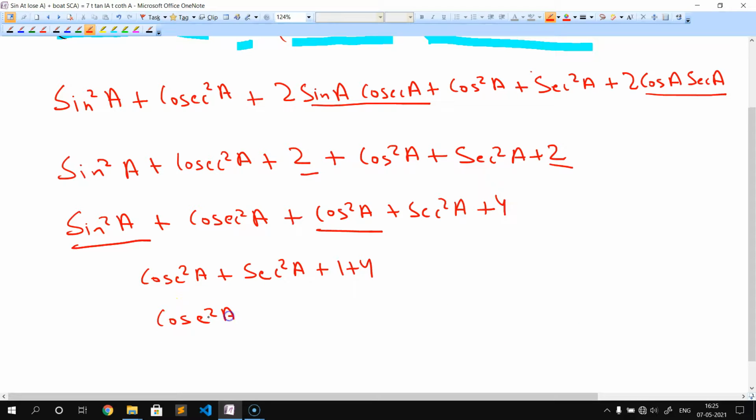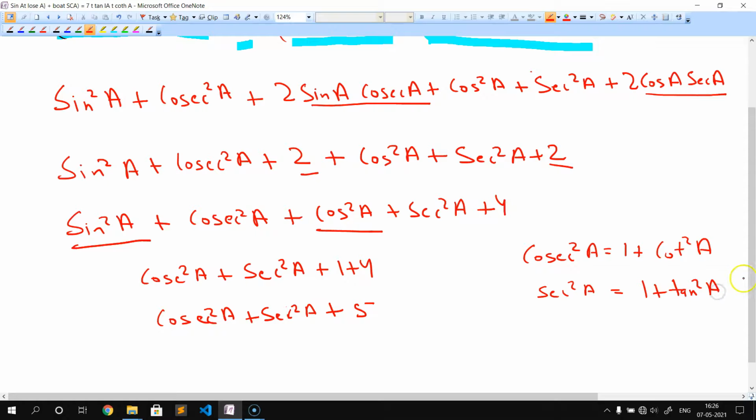So it will become cosec square a plus sec square a plus 5. And as we know, cosec square a can be written as 1 plus cot square a, and sec square a can be written as 1 plus tan square a.